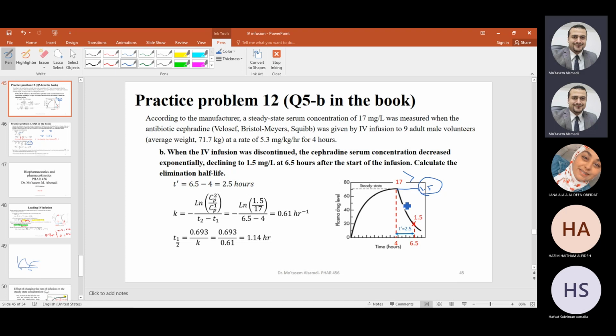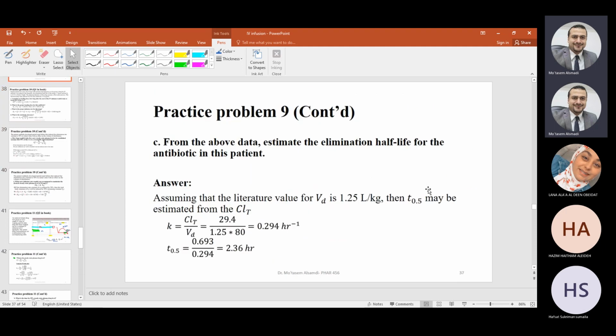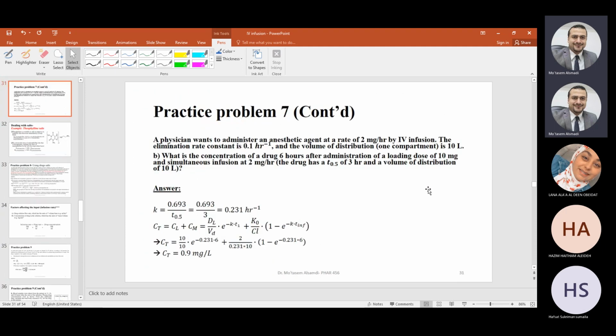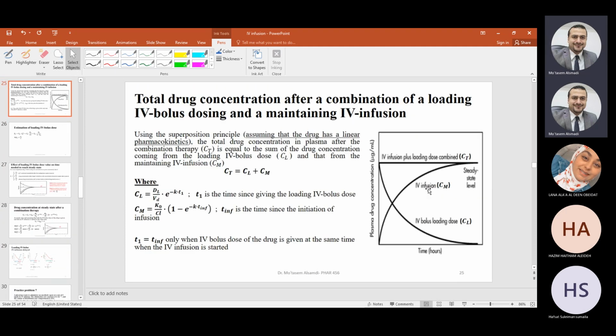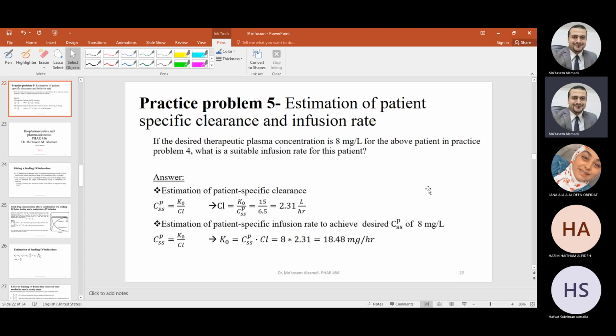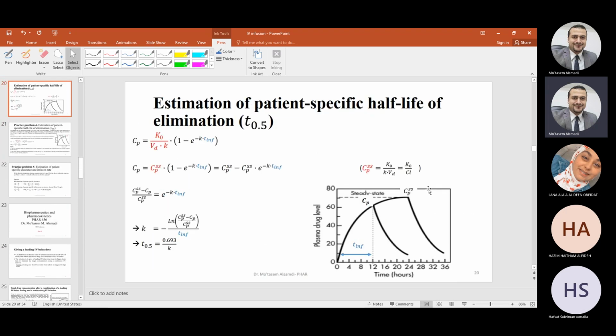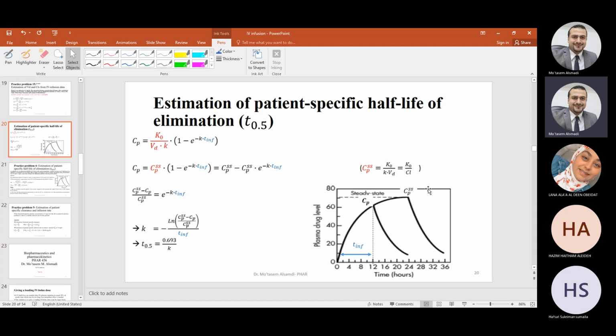So this will be a complete miss for the student. The question will be misunderstood, that this concentration is here at 1.5, and then the student will use this relationship here that we saw before. Okay, and we use this relationship when we have two measurements, one here and one here, and we assume that this is the steady state and this is before steady state.